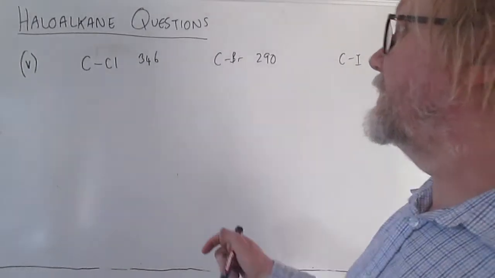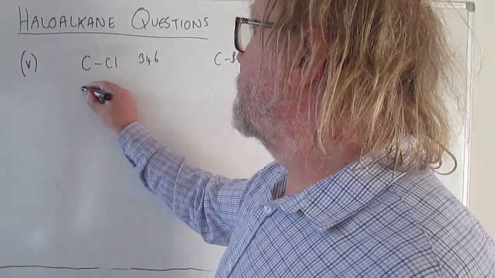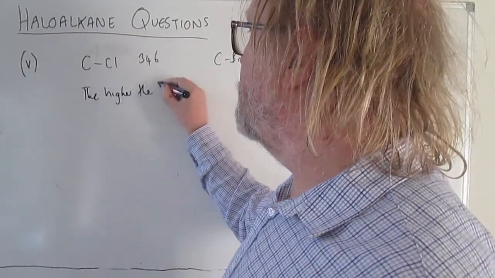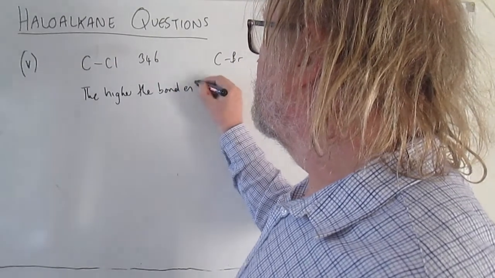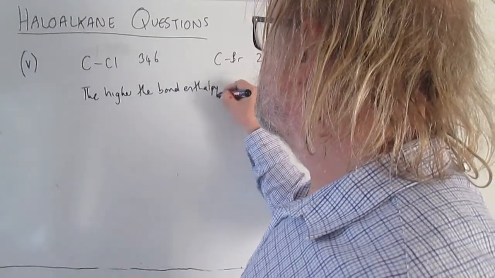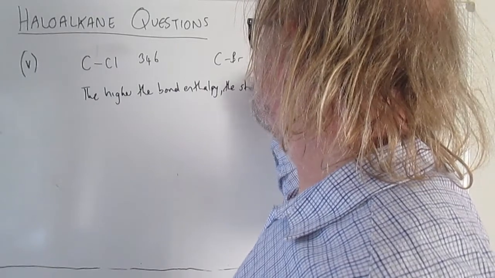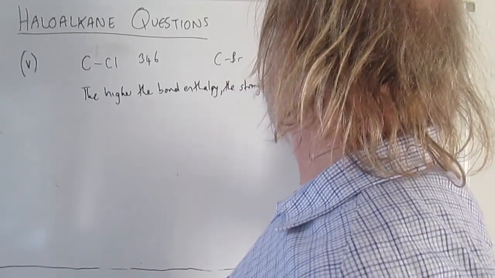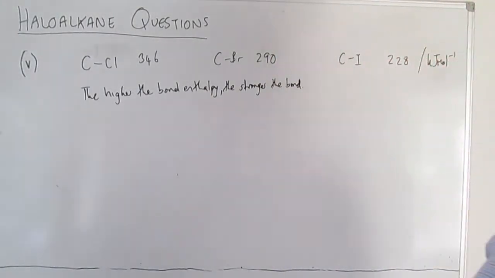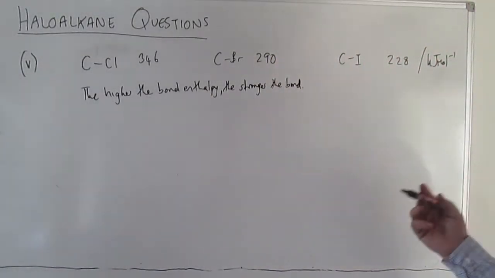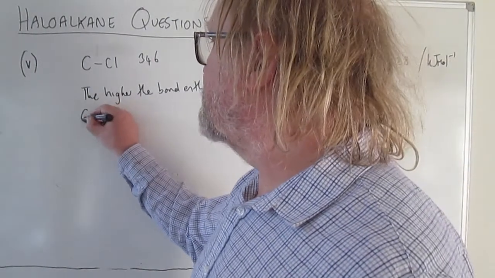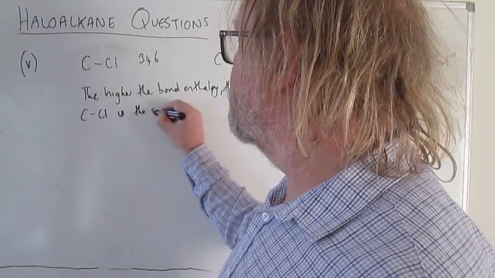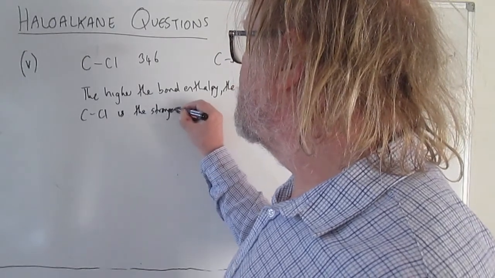So we may as well say that the higher the bond enthalpy, or the bigger the bond enthalpy, the stronger the bond. And so we can see that the correlation here is that C-Cl is the strongest, which means hardest to break.